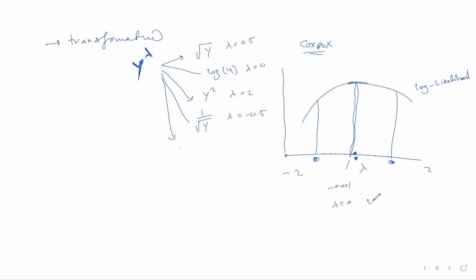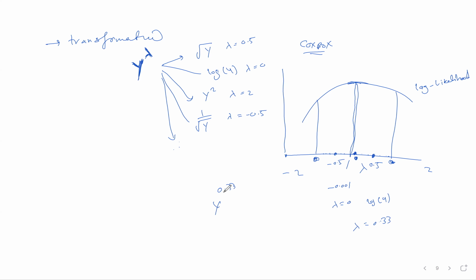Lambda equals 0 is natural log of Y. Or you can select 0.5. This one is nice, square root. Select -0.5. Select anything within the range that makes sense. But do not select something weird, like lambda is 0.33. What does it mean? Y to the power 0.33 is not nice.